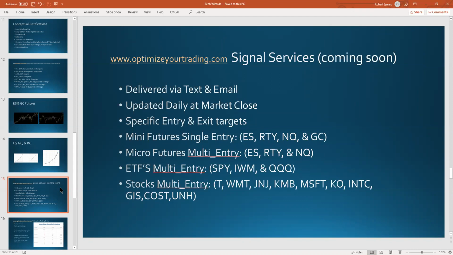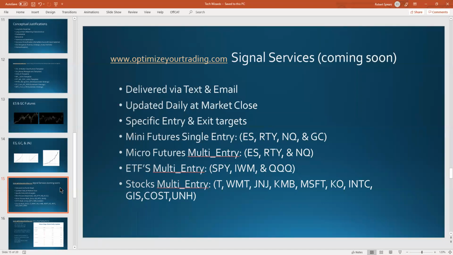So we have mini futures, single entry: ES, RTY, Q and GC. Micro futures, multi-entry: ES, RTY, which is Russell, and NASDAQ. The micro futures, multi-entry, will offer a 6 and a 10 contract variation.